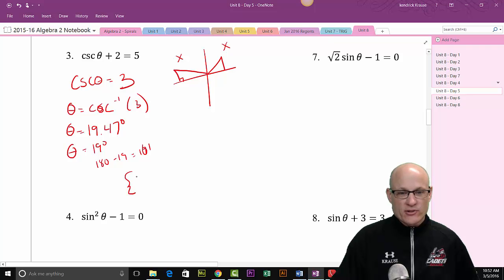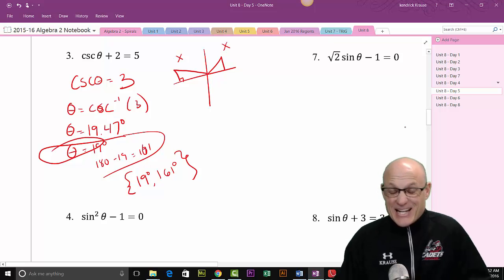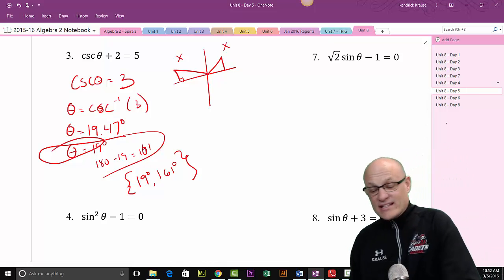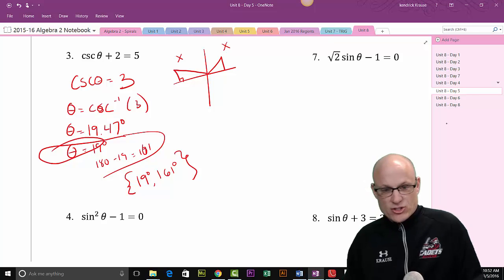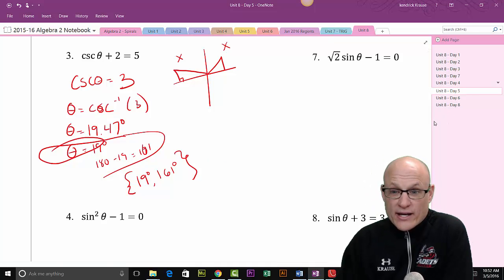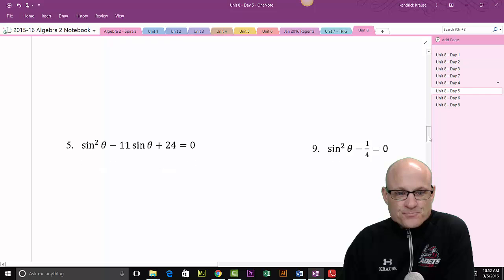So in this case, my answers are 19 degrees and 161 degrees. The hardest part about this is that finding the first one is always easy. Finding the second or the third or the fourth, that's going to be the tricky part about today, and that's your job. Sometimes you have up to 4 angles. You'll see.